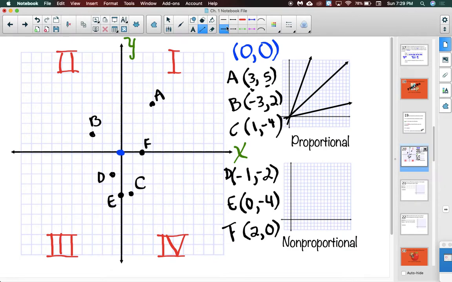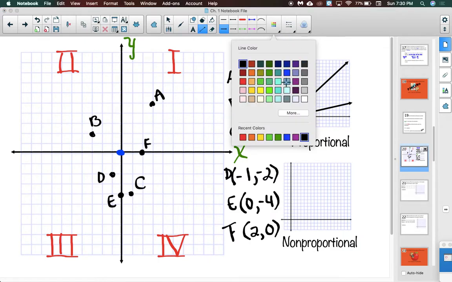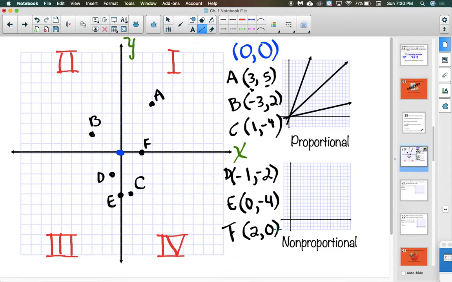Now, the non-proportional examples, we can draw several of those as well. We'll change colors for that. Let's make our non-proportional graphs orange. And our non-proportional graphs, they have to be either nonlinear or not passing through the origin. So here's an example that we can talk about. That's not proportional. Even though it's linear, it doesn't pass through 0, 0.